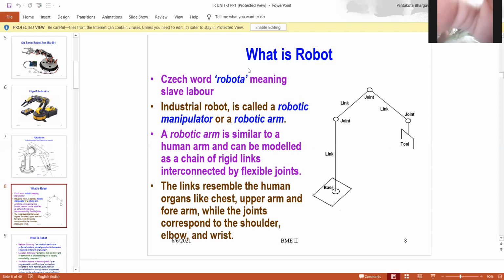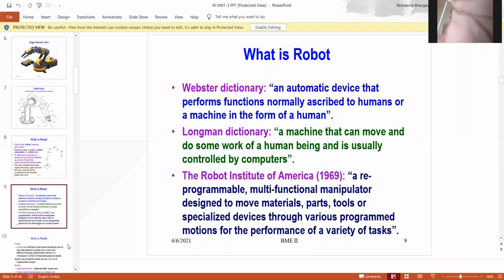The links resemble the human organs like chest, upper arm, and forearm, while the joints correspond to the shoulder, elbow, and wrist. These are the end effector parts.